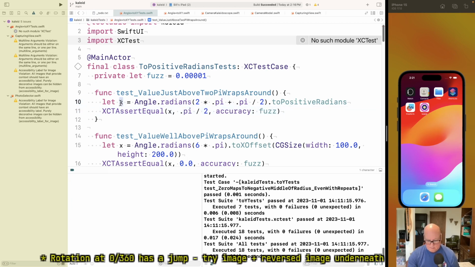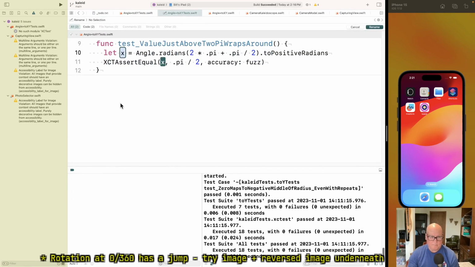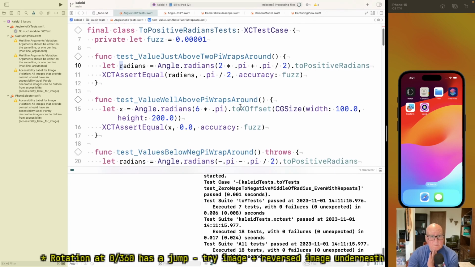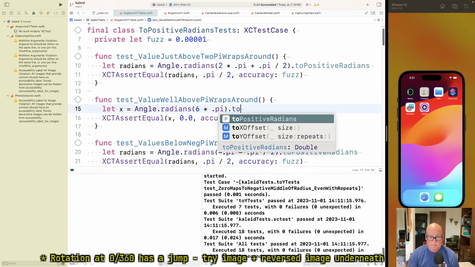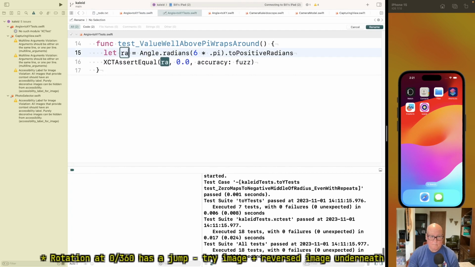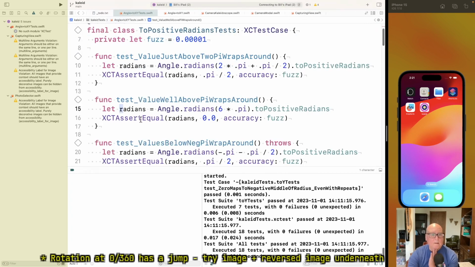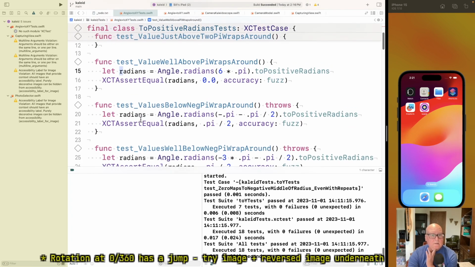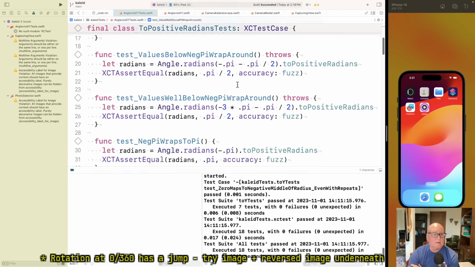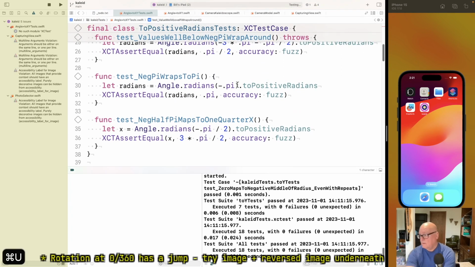This is radians. Value well above pi. Okay, 6 pi to positive radians should be 0. And yeah, below negative pi wrap around. Okay, I think we're good.